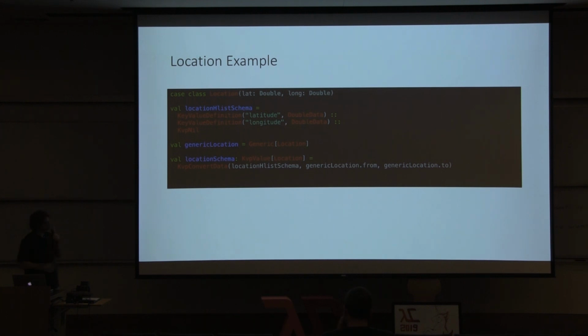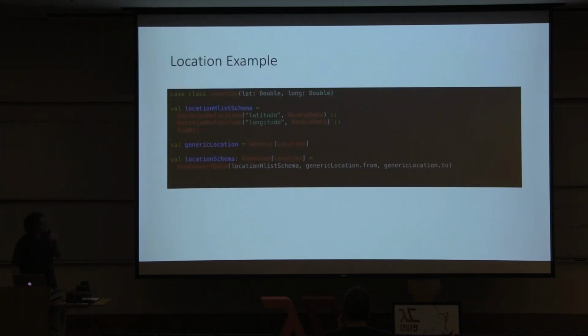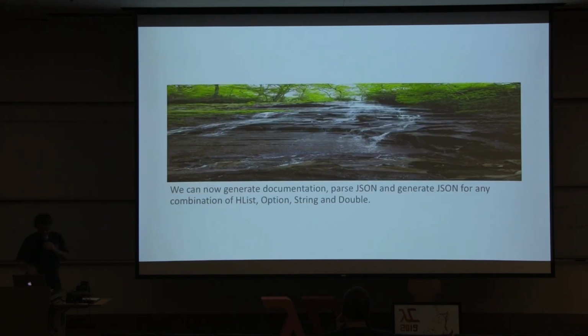And this is now our schema that we can run through an interpreter, and we'll see an example of that later. Okay, so now we can generate documentation, parse JSON, and generate JSON for any combination of H list, option, string, and double. All right, cool.